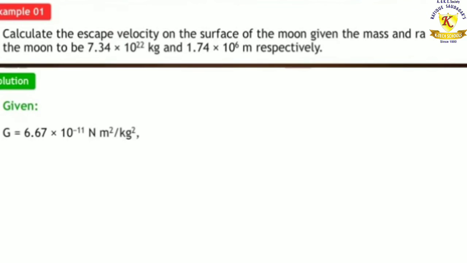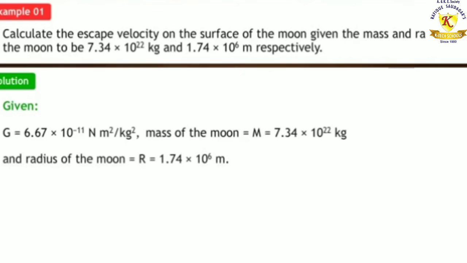Given G is equal to 6.67 into 10 raised to minus 11 newton meter square per kg square. Mass of the moon, m, is 7.34 into 10 raised to 22 kg, and radius of the moon, r, is equal to 1.74 into 10 raised to 6 meter.